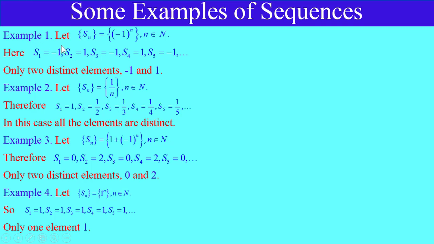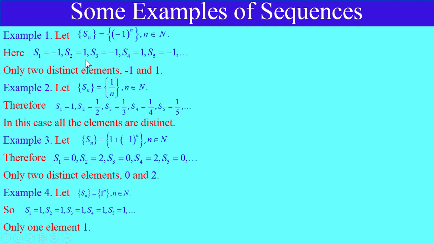Example 1. Let Sn is equal to (minus 1) to the power n, n belongs to N. Here for n equal to 1, S1 is equal to (minus 1) to the power 1, this is equal to minus 1. For n equal to 2, S2 is equal to (minus 1) raised to the power 2, this is equal to 1.